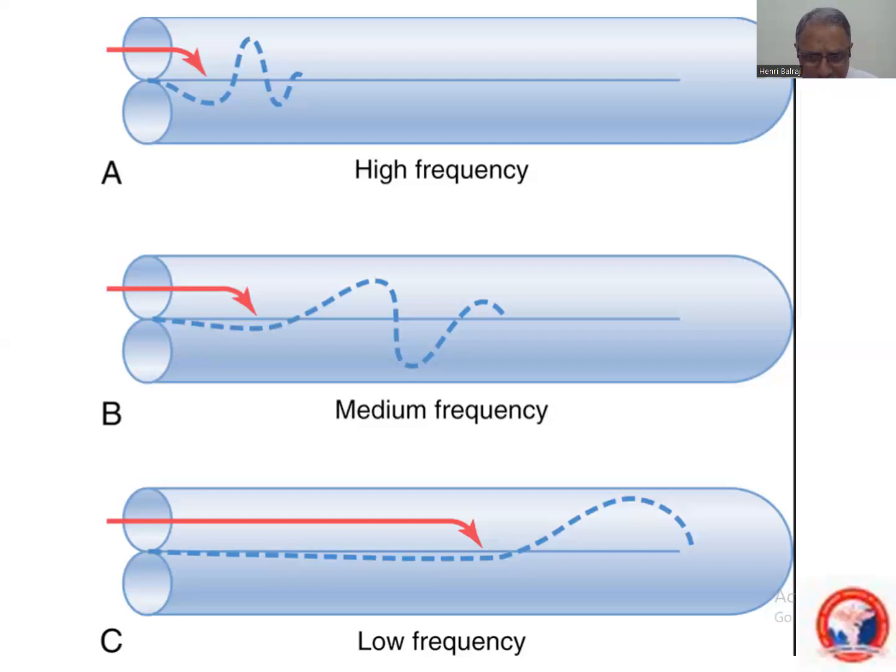High frequency sound is a high pitched sound, like a female voice, and low frequency sound is mostly a male voice, or a husky whisper.